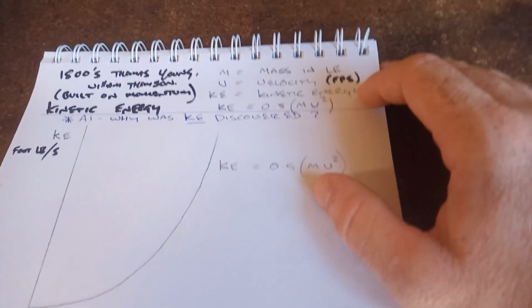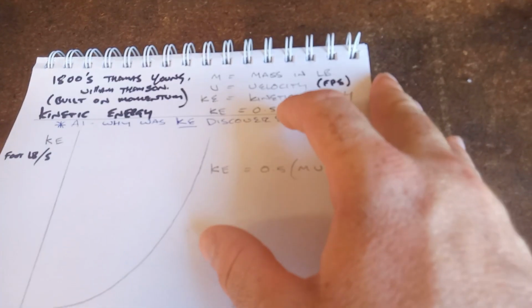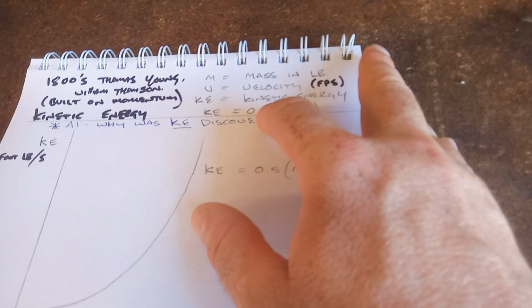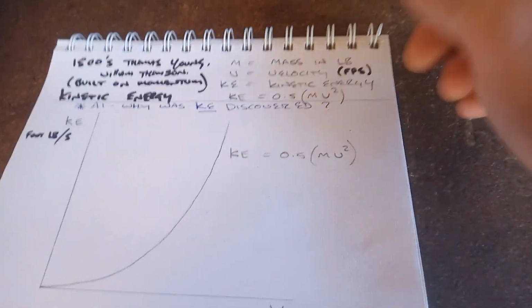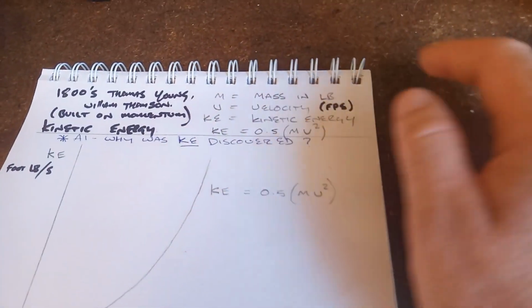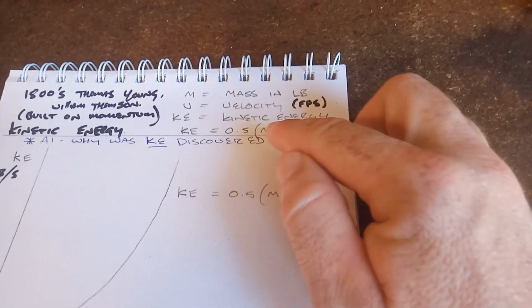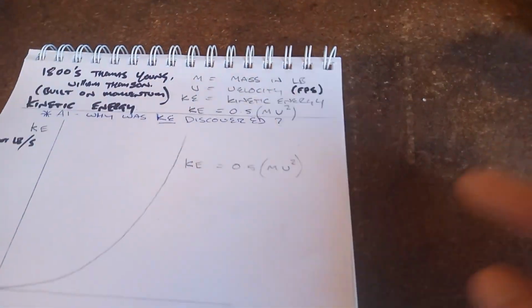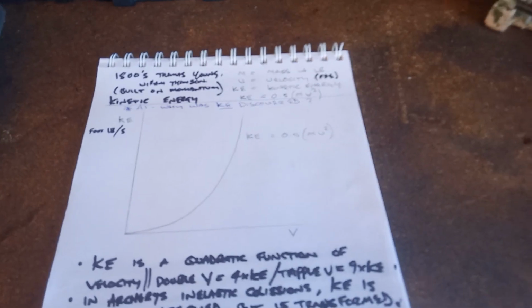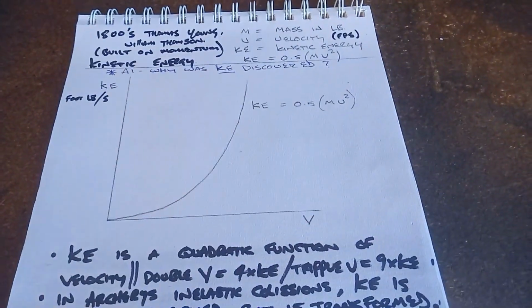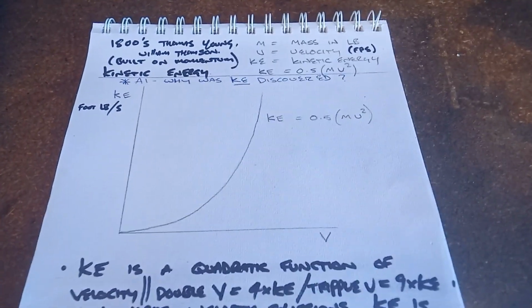And the equation is KE equals half, so you could write 1 over 2, or I just prefer to use the decimal, so it's 0.5 times mass times velocity squared. Okay. The graph of it better shows this sort of quadratic nature of kinetic energy.